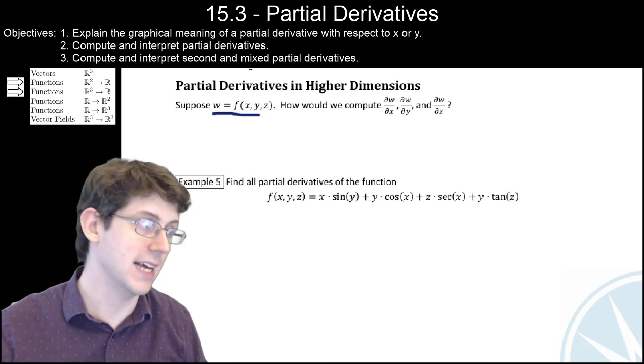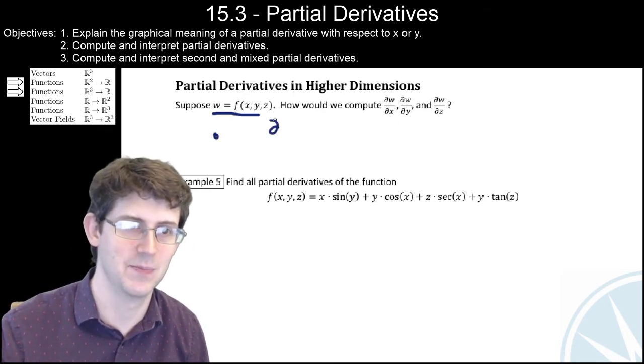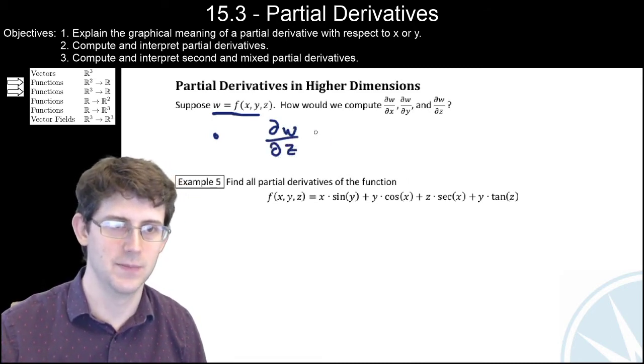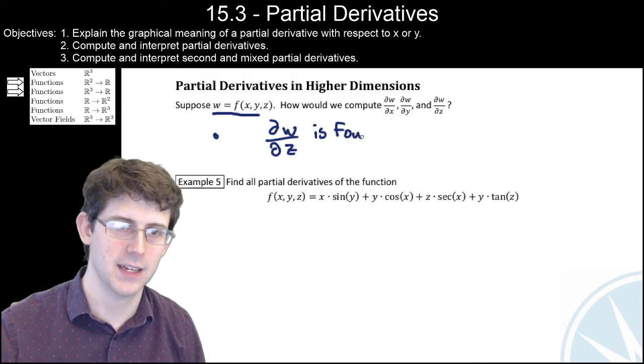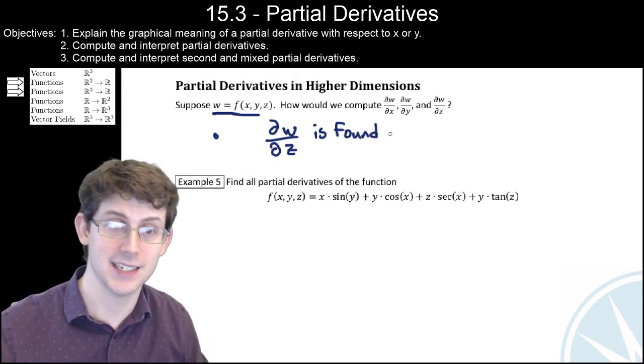The way you would calculate it in practice is, don't worry about it. To find partial w, partial z, you fix x and y as constants.